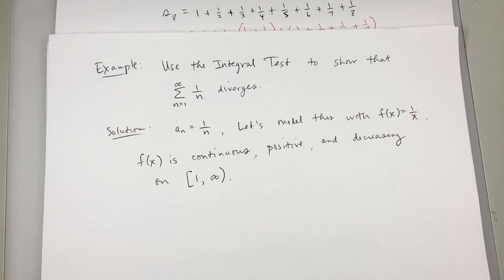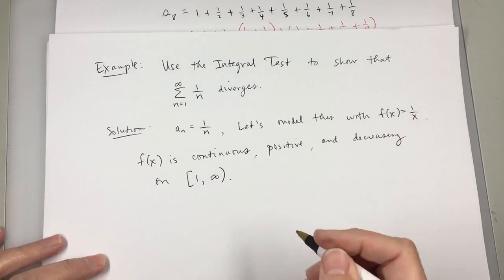Decreasing? Yes. As the denominator gets bigger and bigger and bigger, 1 over x is getting smaller and smaller and smaller. Now you could show that formally right here, though. We're just going to say yes, that it's doing all that. So I can do this.